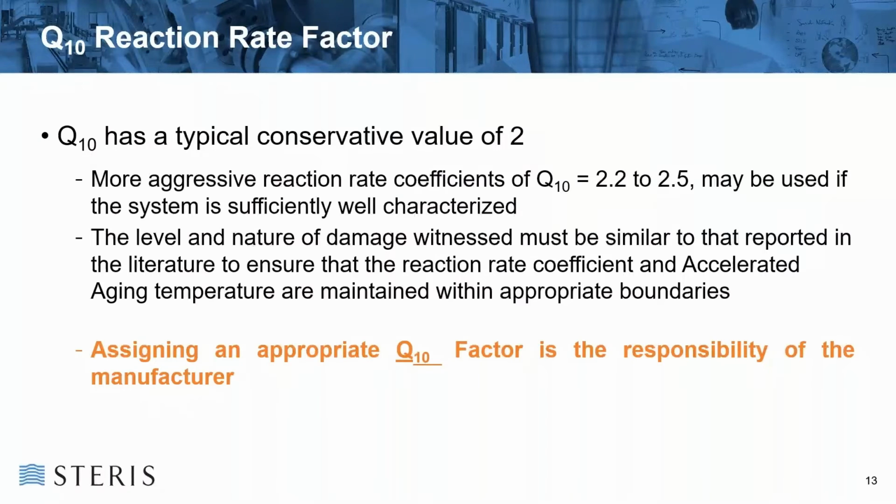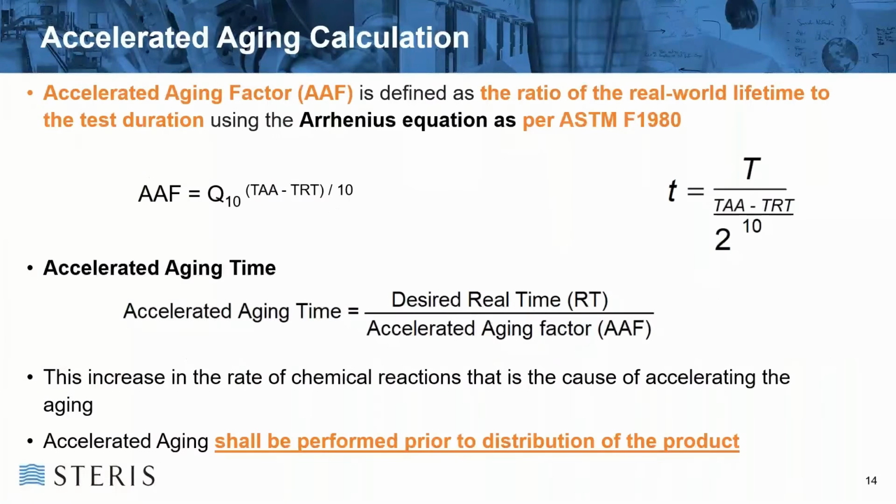The level and the nature of the damage that you get from these raised Q10 levels must be very similar to that reported in literature or your knowledge of the product from previous studies. And again, assigning the appropriate Q10 factor is the responsibility of the manufacturer of the product, or the owner if it's an outsourced product. And again, it's very important to understand what this does.